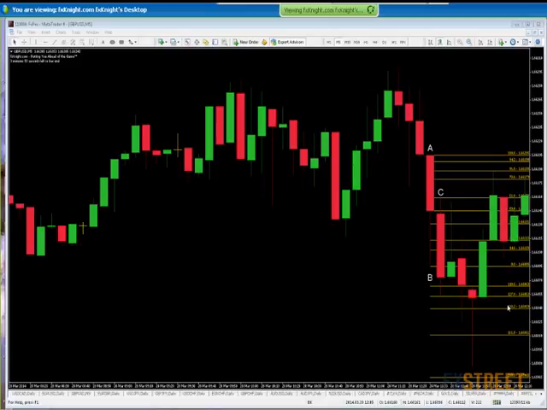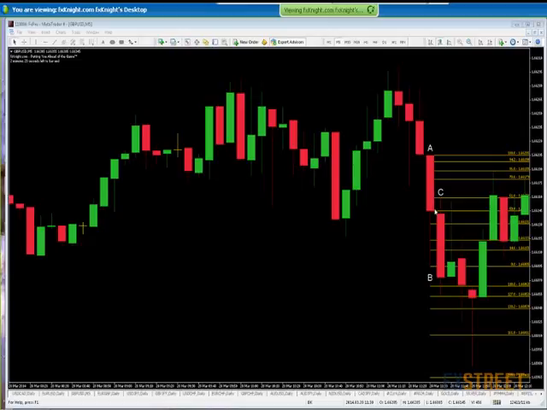Now, how to trade it. I showed you how to set up the trade. Let's talk about how to trade it. In this case, my entry came at exactly the same time as I got my point C. Because, look, we opened bearish, even with a gap down.